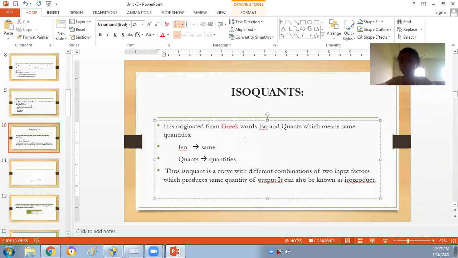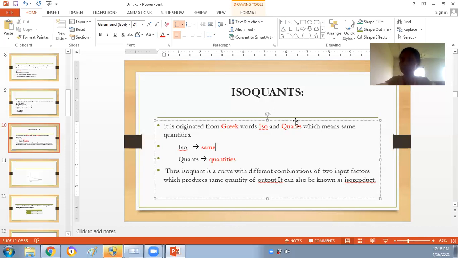What is the meaning of these two words in Greek? Iso means same, similar. Quants is nothing but quantities. So isoquants means same quantities.